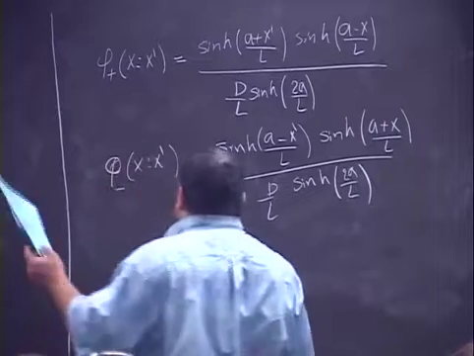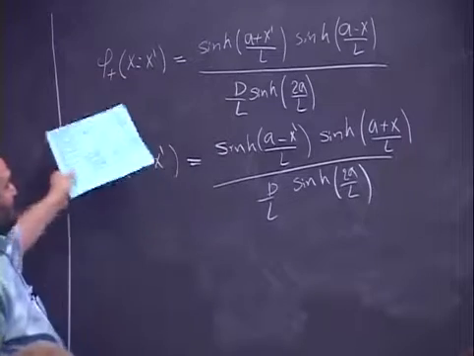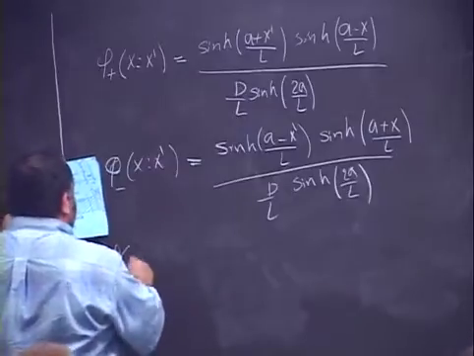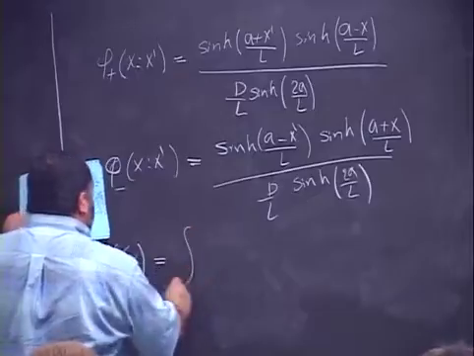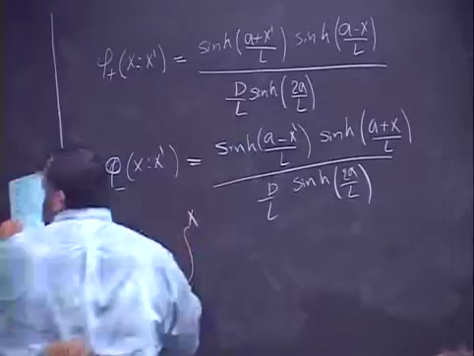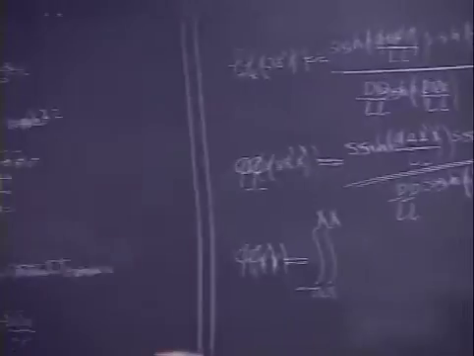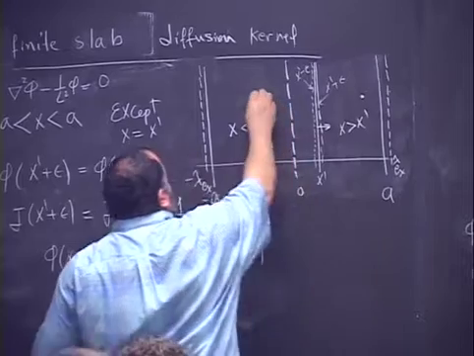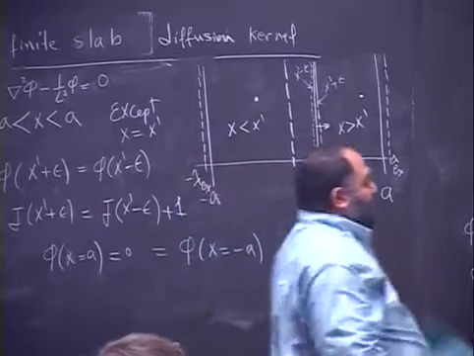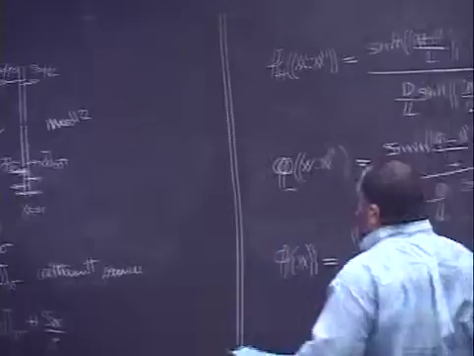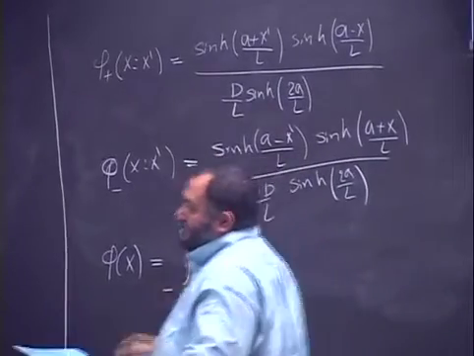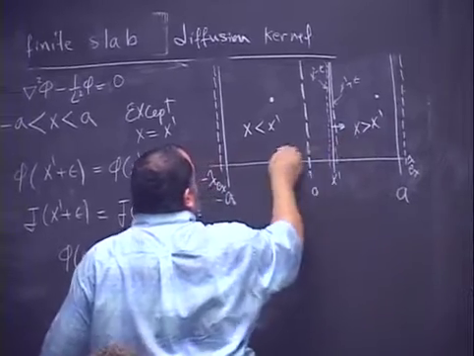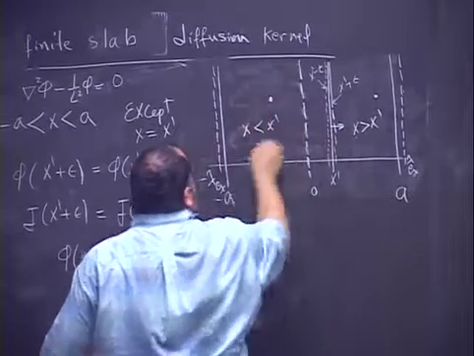And then those are the kernels now for this medium. If you want to get the flux, it will be the integration from negative a up to the point x. Let's assume the point x will be here. So you will integrate from negative a to the point x, where x is less than x prime. So you will use the formula for the flux in this area.